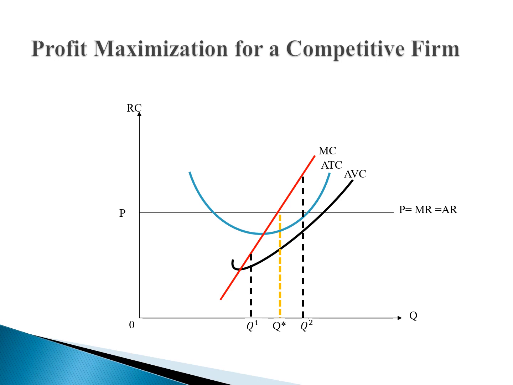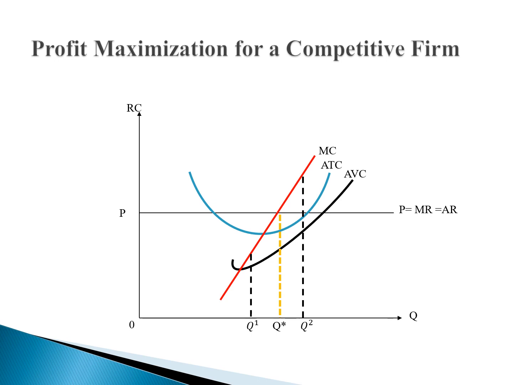And then consider a point like Q2, where we can see that marginal cost is well above marginal revenue. As a result, the firm is actually incurring a loss, because its cost is higher than what it earns as revenue. For that reason, the firm should cut down its production and come down to the Q star level, because Q star is the point where MR is equal to MC and where the profit can be maximized.